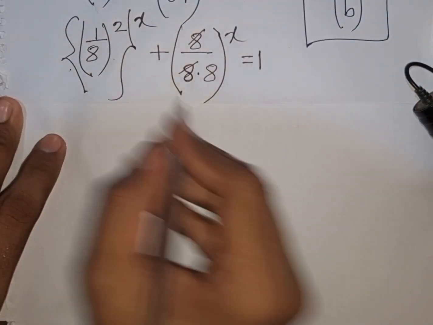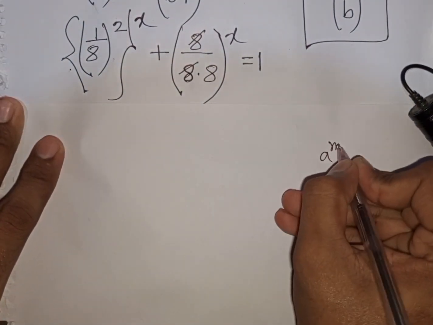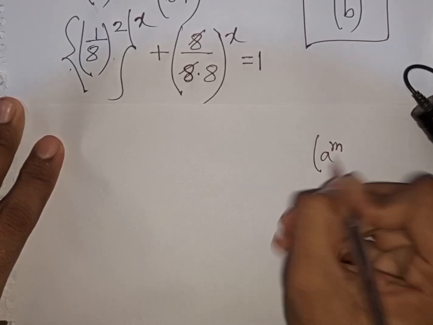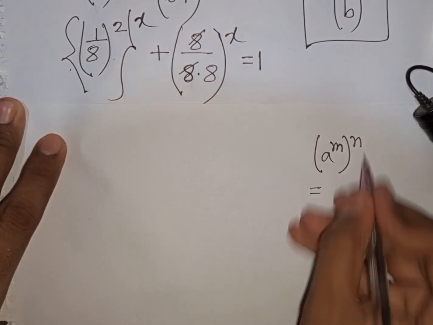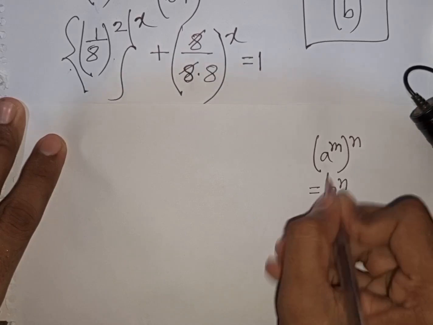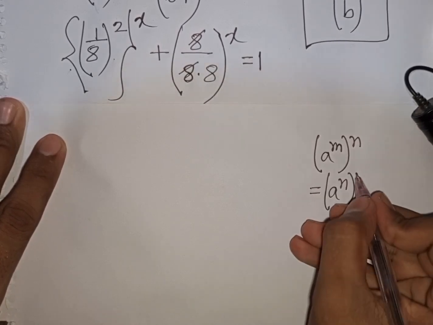Here we can apply this exponential rule: (a^m)^n is equal to (a^n)^m.